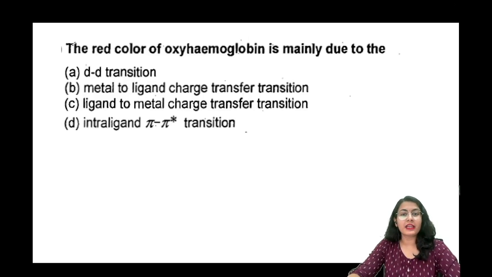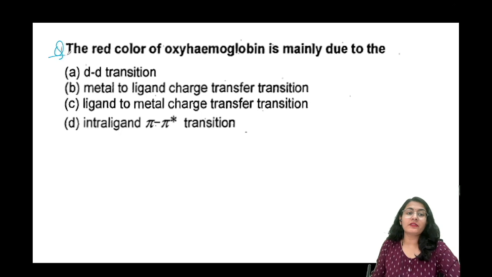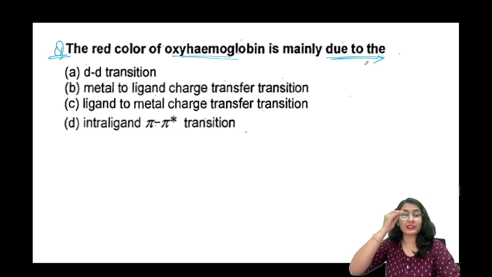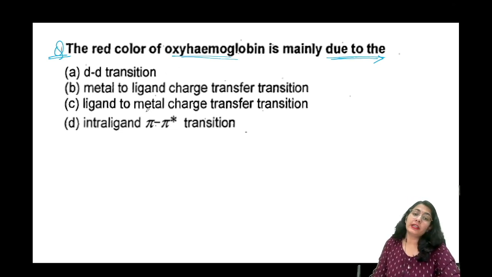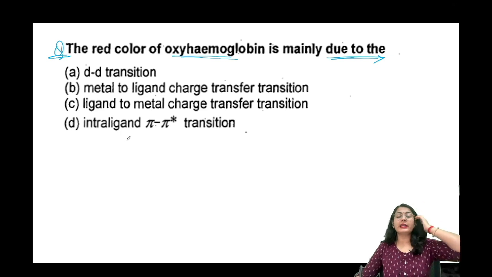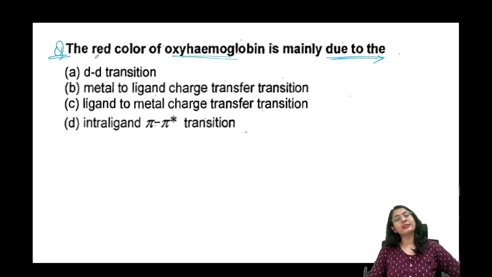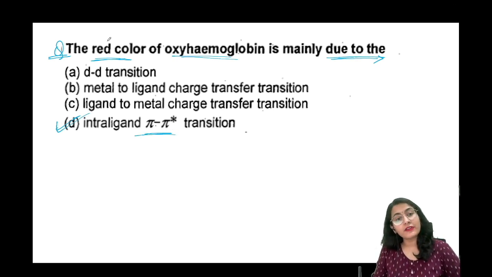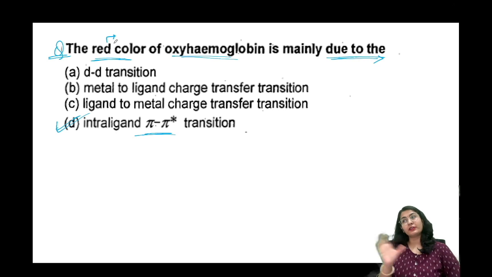That's it. Now, this question is a very important one. The red color of oxyhemoglobin is mainly due to what? I told you this before also. Just try it out. It's a very interesting question. Is it because of the d-d transition, metal to ligand charge transfer, ligand to metal charge transfer, or intraligand pi to pi star transition? Why do we have the red color? It is because of the intraligand pi to pi star transition, red color, which falls into the same 400-500 region.